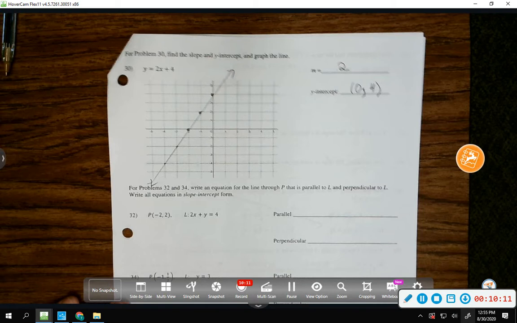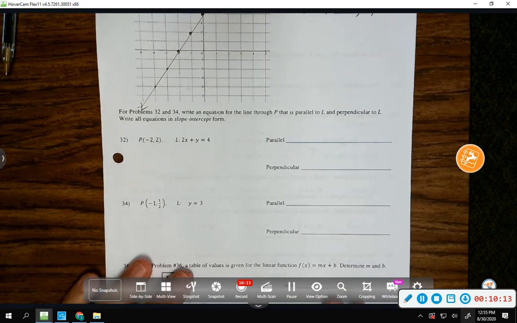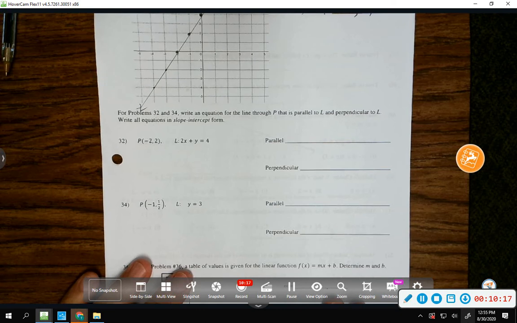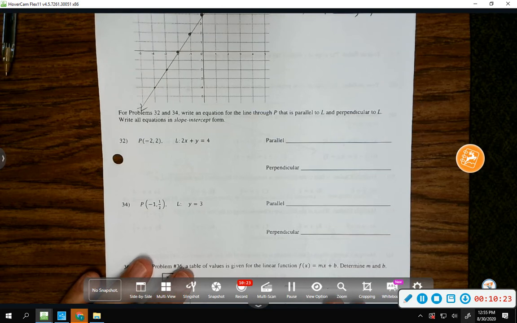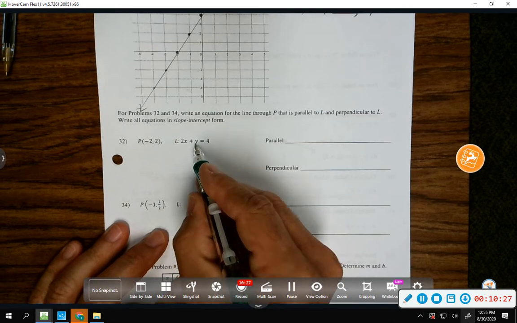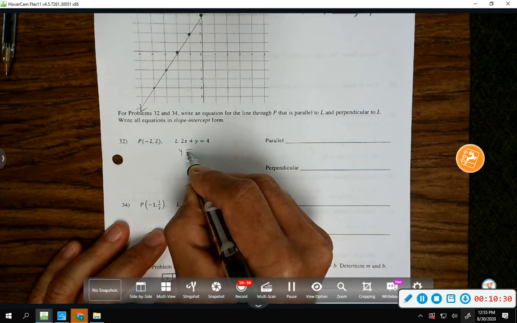Problem number 32 and 34. On both these, we're going to write an equation for the line through P that is parallel to L and perpendicular to L. But this time, we're going to write these equations in slope-intercept form. Okay. First thing I have to do is figure out what is the slope of this line.